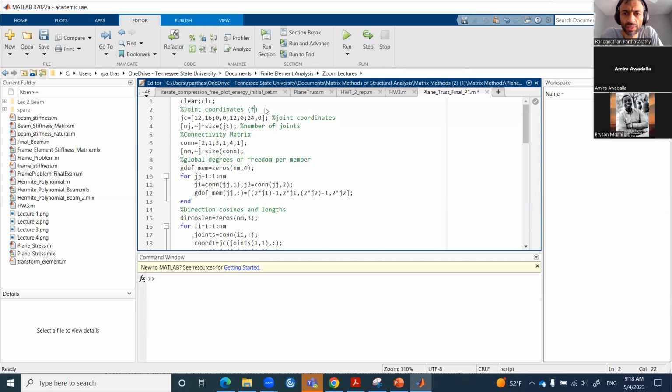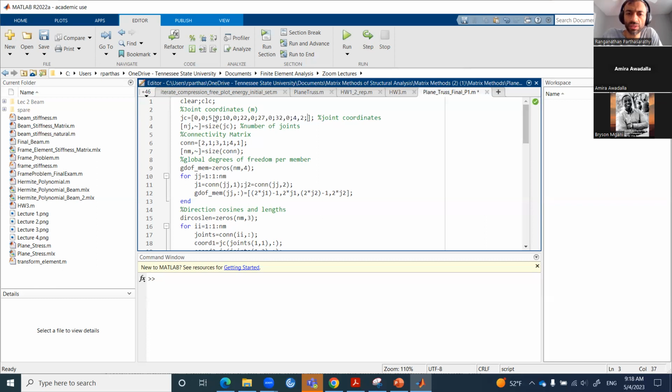So now joint coordinates are in meters. Joint 1 is 0, 0. Joint 2 is 5, 0. Joint 3 is 10, 0. Joint 4 is 22, 0. Joint 5, 27, 0. Joint 6, 32, 0. Joint 7, 4, 2.